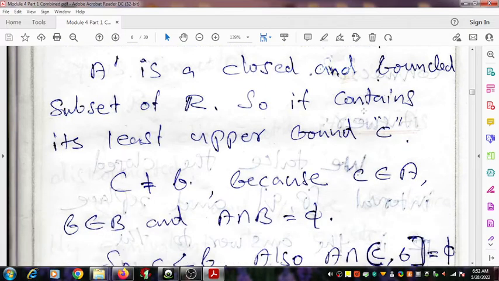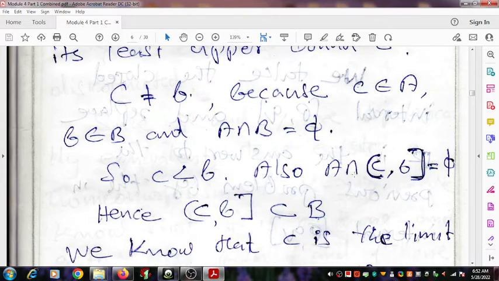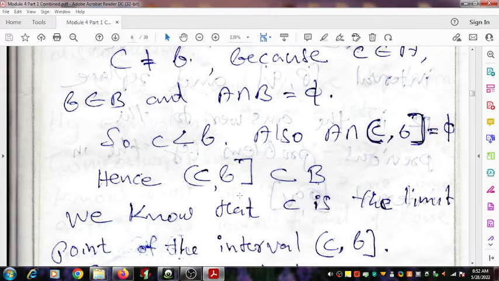Thus it is clear that any point which is greater than c cannot be a part of A, and that is A intersection (c,b] equals the null set.